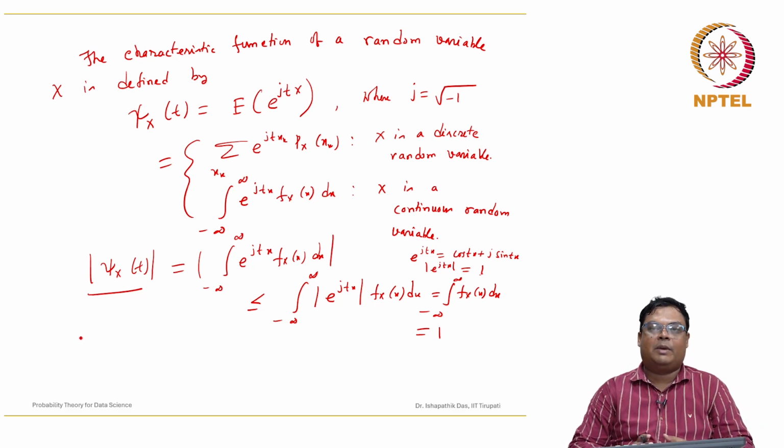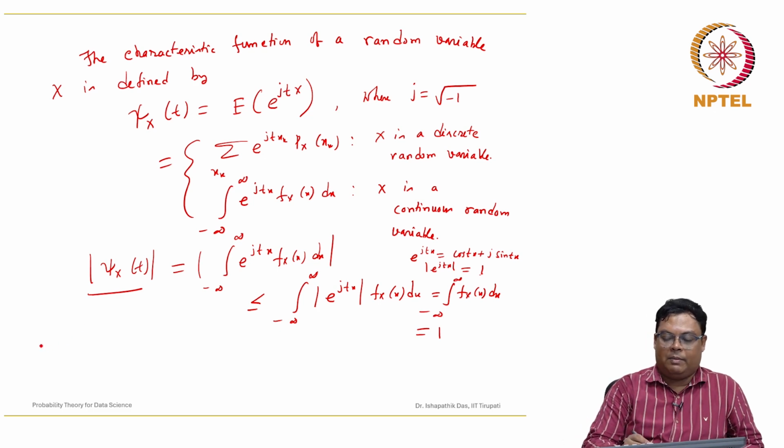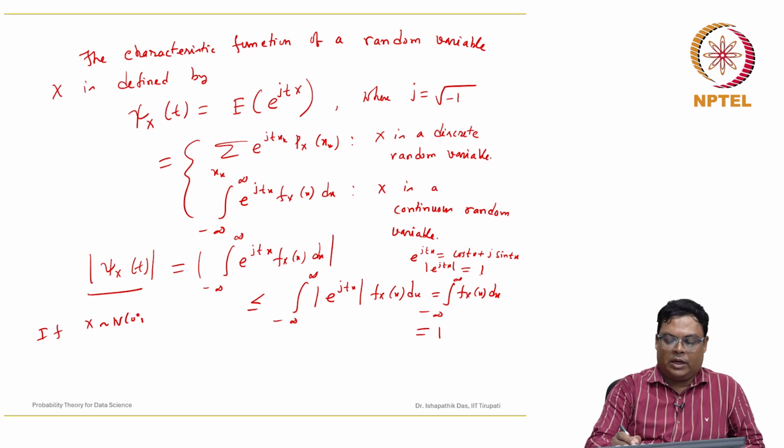So the other properties are very similar. Also, whenever the moment generating function exists, if you replace t by jt, then you will find the characteristic function. For example, if X is normal, instead of normal 0,1, if we consider the more general case mu, sigma square, then you know that the moment generating function, as we computed, is e to the power of mu t plus sigma square t square by 2.